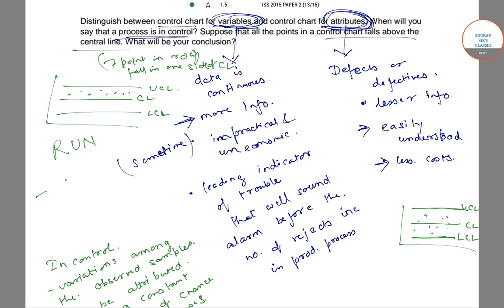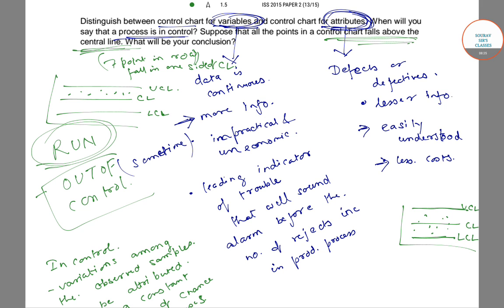So here, if all the points fall above the center line, then the situation is the occurrence of a run, and in presence of a run, generally the situation is out of control, that is, we call the process out of control.